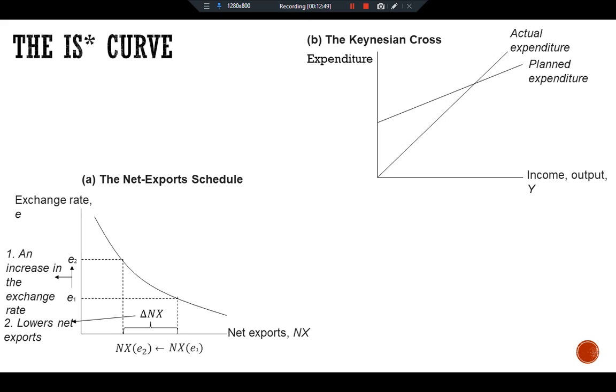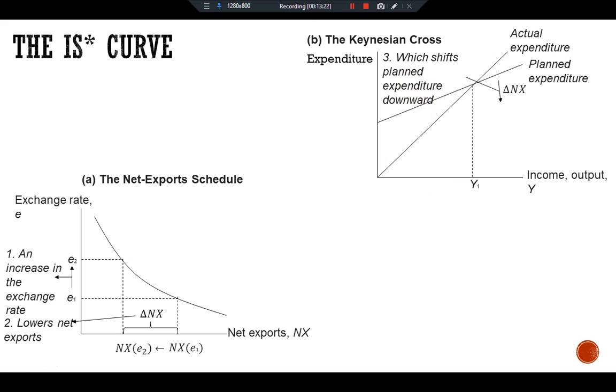The intersection of the actual and planned expenditure decides the equilibrium, and this is our national income Y1. By raising the exchange rate, we have a decrease in net exports, which decreases our planned expenditure and shifts the planned expenditure curve downward.